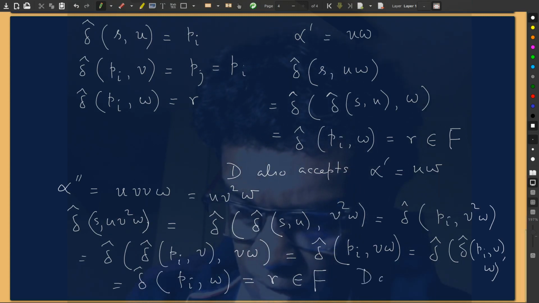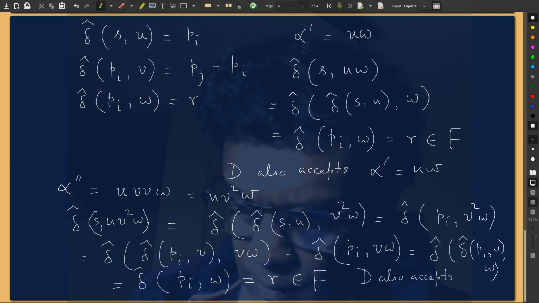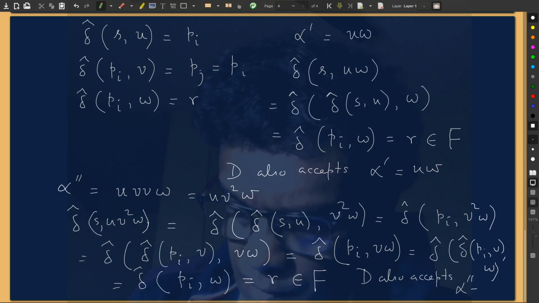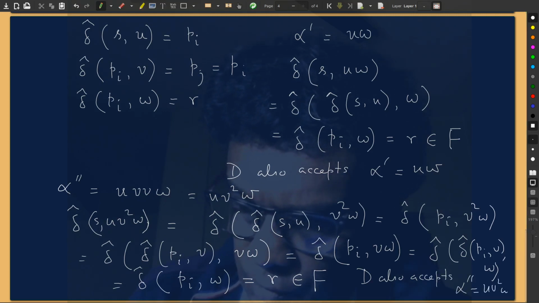So D also accepts alpha double prime, which is U, V square W.